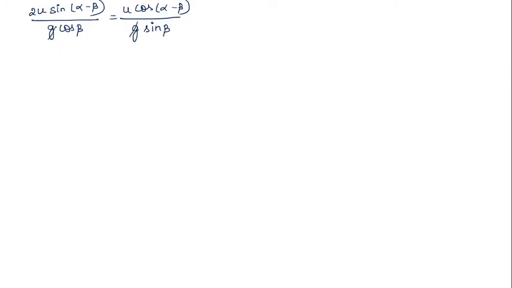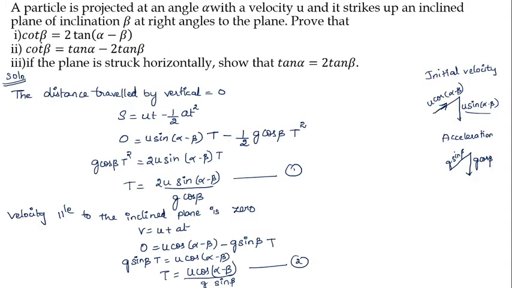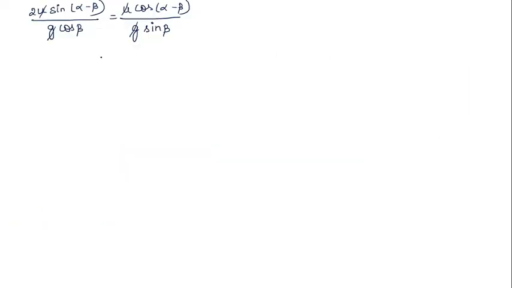This g and g will get cancelled, u and u will get cancelled. We are going to prove the first part, that is cot beta is equal to 2 tan alpha minus beta, right? So we have to find cot beta.